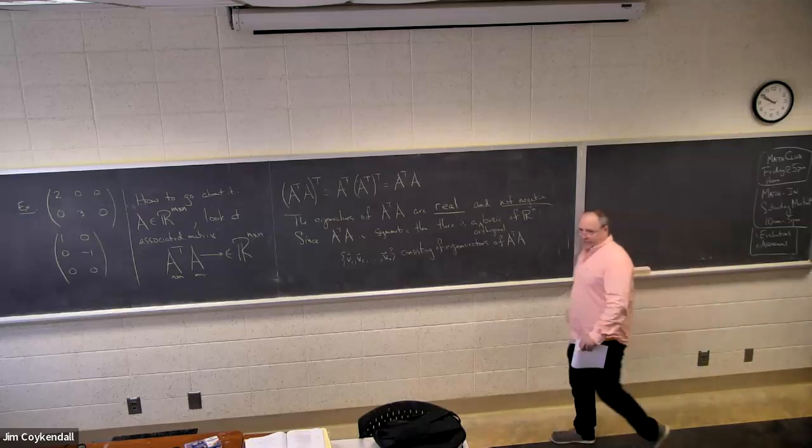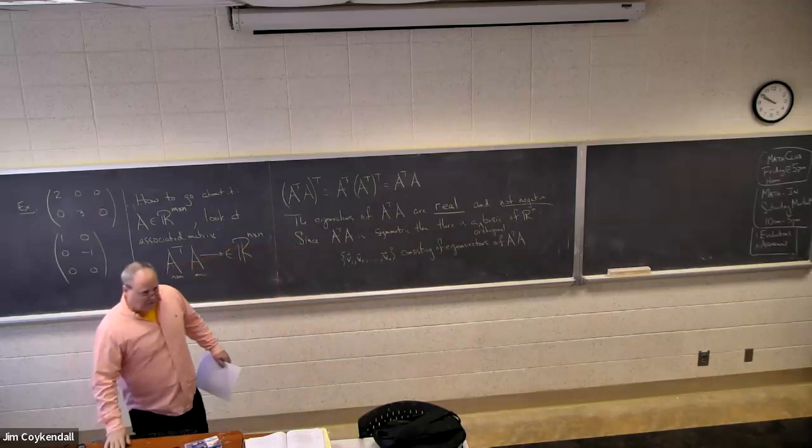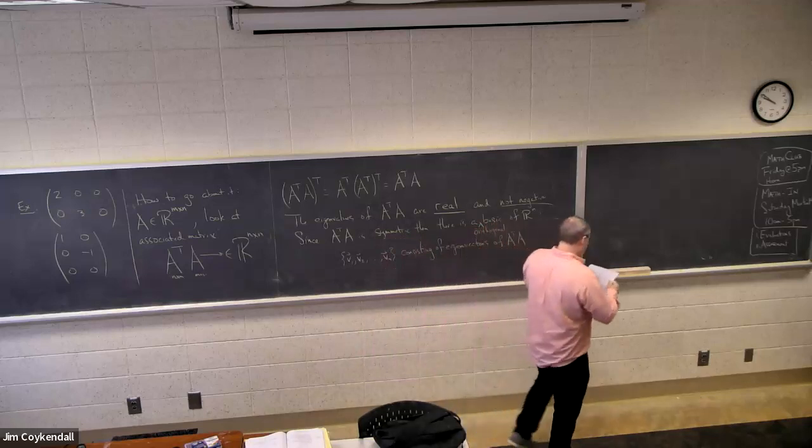Because any symmetric matrix is orthogonally diagonalizable, there's an orthogonal basis of R^n that consists of eigenvectors of this.